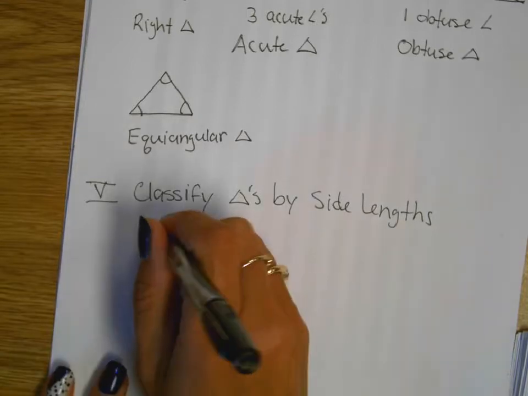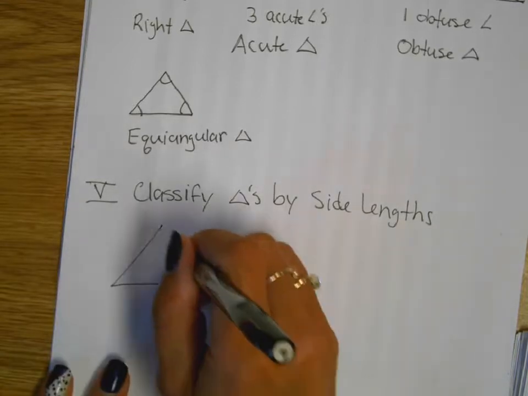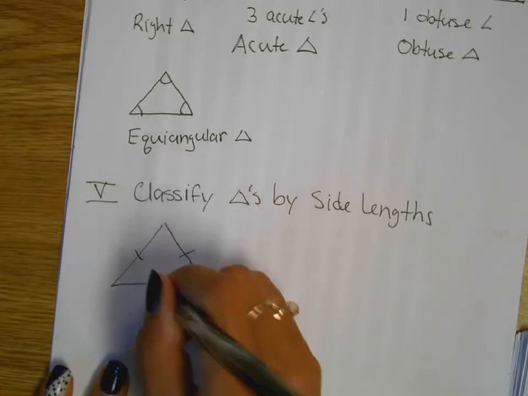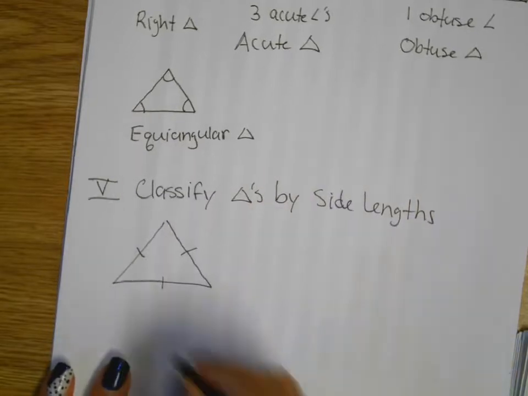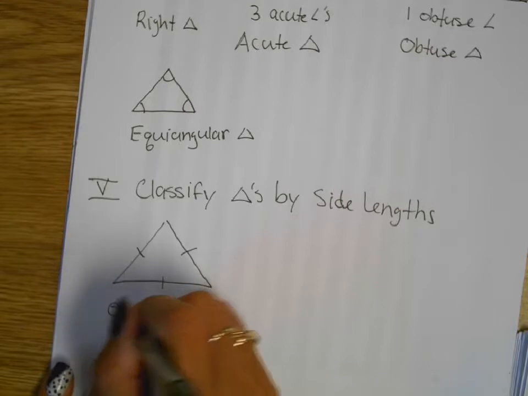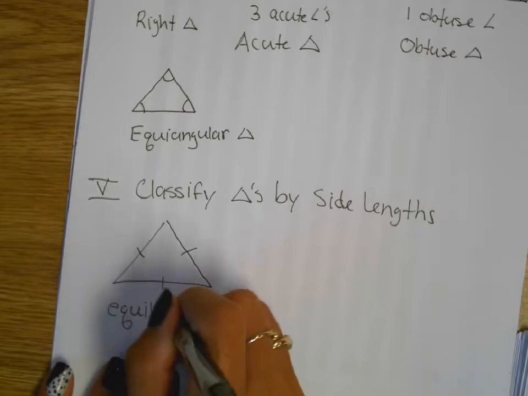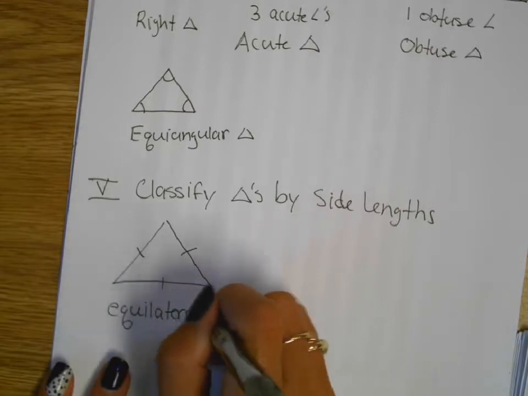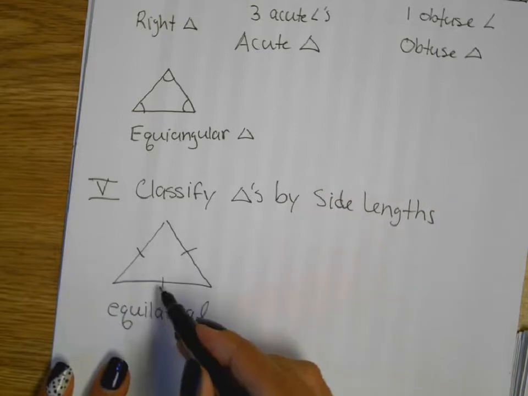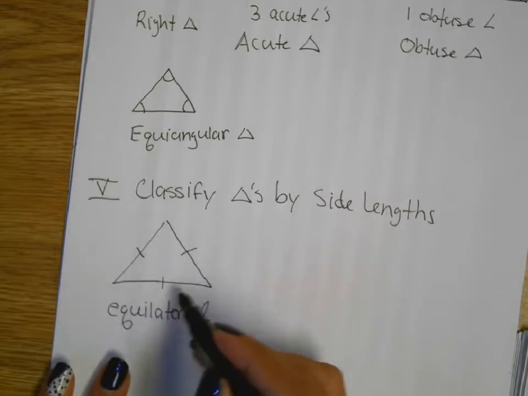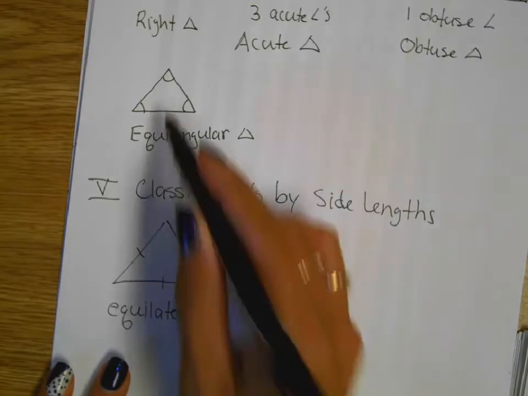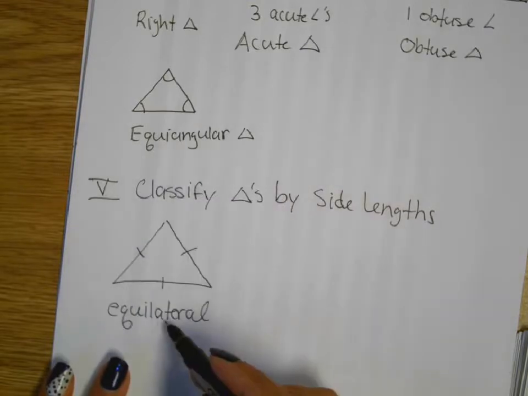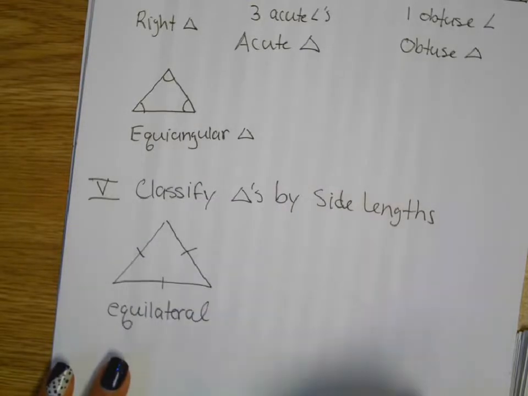If all 3 sides were the same length, that's tick marks. There's your equilateral. If all 3 side lengths were the same, what do we find out about the angles? They were all the same. So equilateral and equiangular are the same triangle, just labeled differently, depending on if you're looking at sides versus angles.